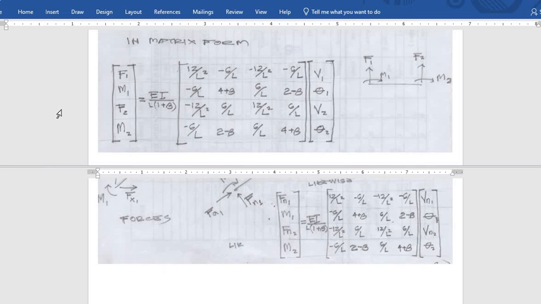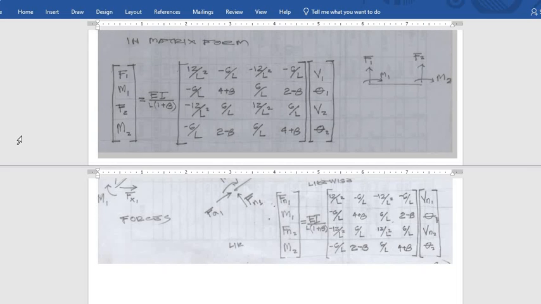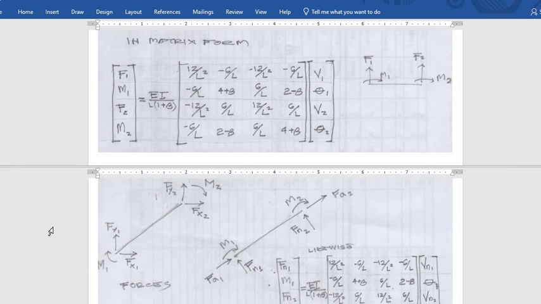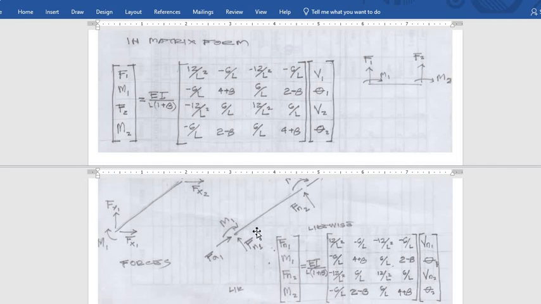So kanina, nakuha natin yung matrix form ng mga vertical tsaka yung F1 tsaka M1, F2 tsaka M2. Okay? So, same thing with your normal forces, Fn1 tsaka Fn2. Okay?